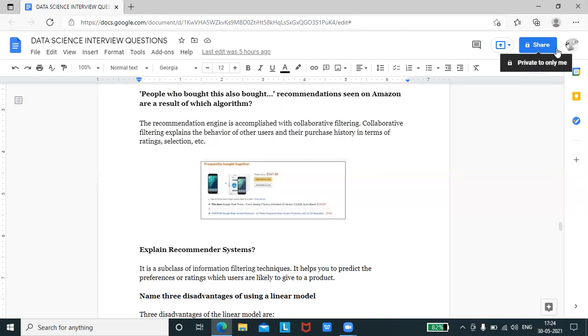So recommender systems are generally divided into two main categories. One is collaborative and the other one is content-based systems.